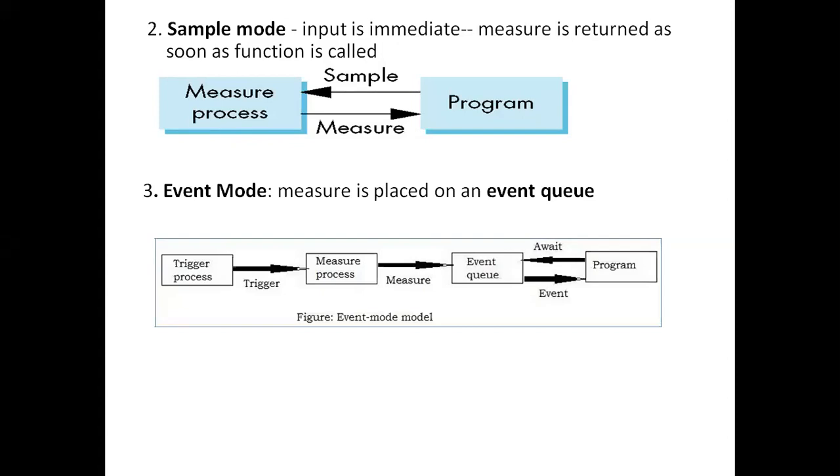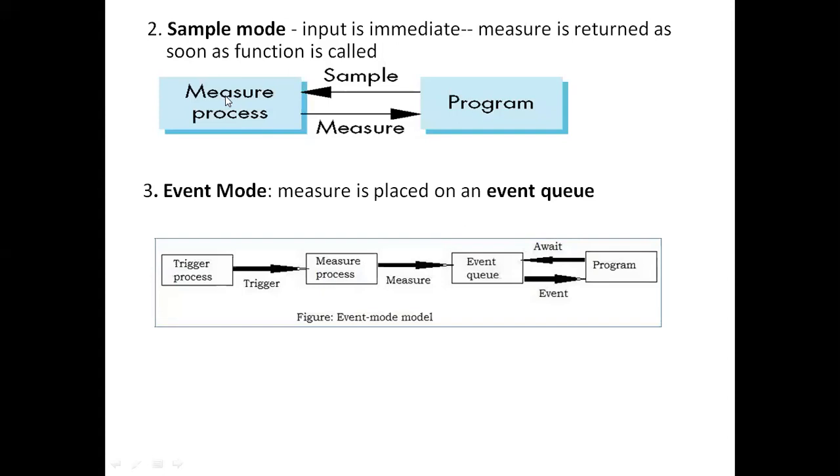So if I write a function for giving the input, the parameters already consist of the input. As soon as the function is called, it gives the input. That means my program will request for the input.